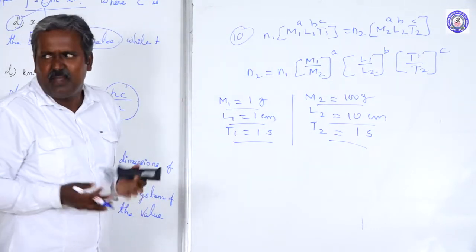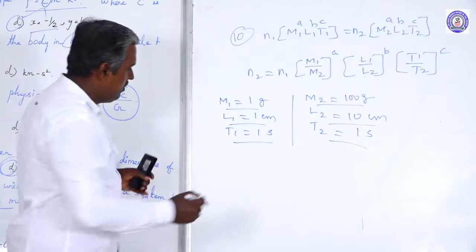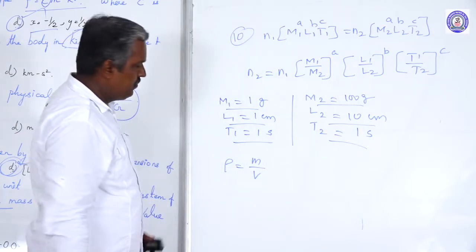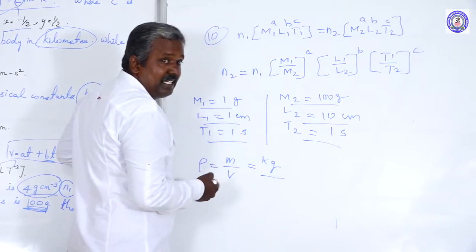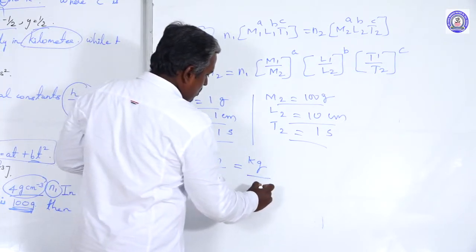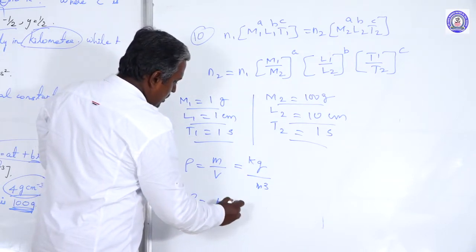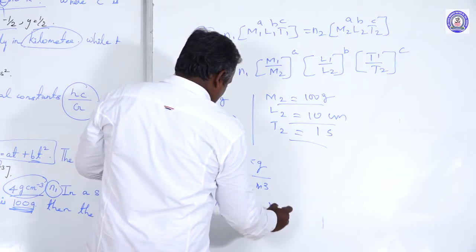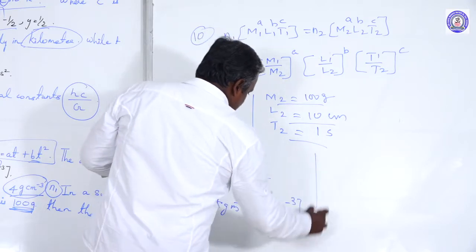Powers, therefore, dimensional formula. The dimensional formula, here taking density. Density is equal to mass by volume, no? So mass is unit kilogram. Length into breadth into height is equal to volume, so meter cube. Correct? Therefore kilogram per meter cube. So the dimensional formula for this is M L power minus 3. I'm correct or not?